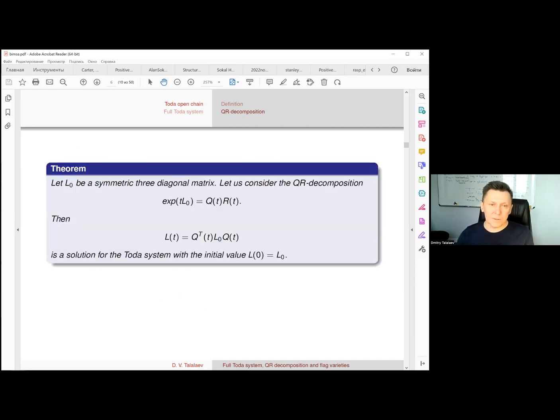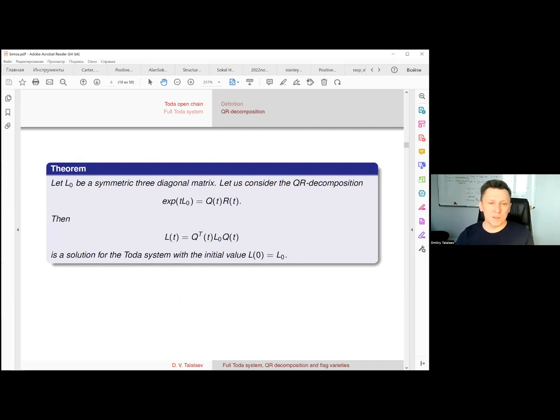There is a classical theorem about the open Toda chain, which makes a relation between the dynamics of this system and the QR algorithm.